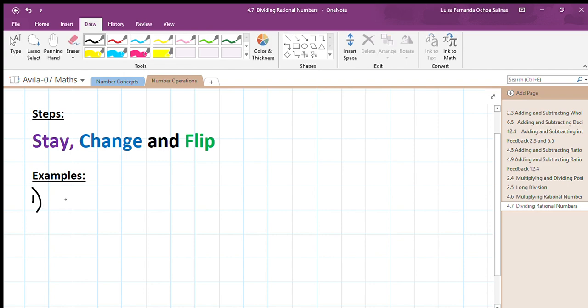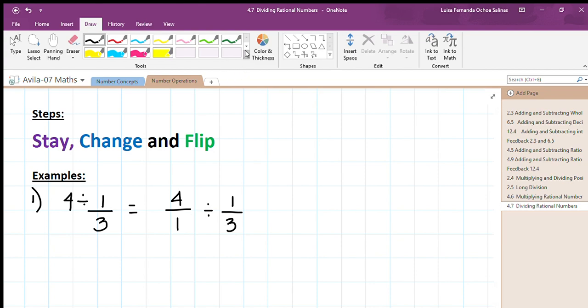We're going to do 4 divided by 1/3. To do this, first we have to remember, how do we write 4 as a fraction? We write it as 4 over 1, divided by 1/3. Now we're going to use the algorithm.